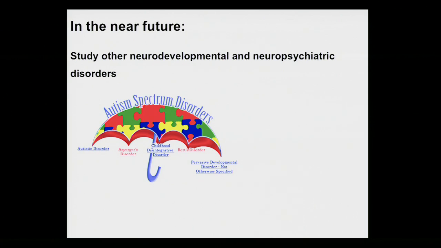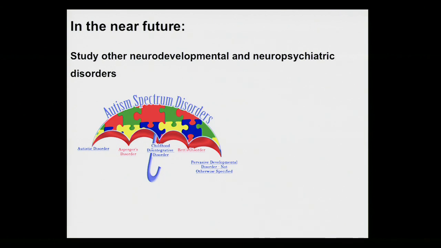So in the near future, we plan to study other neurodevelopmental and other neuropsychiatric diseases in the lab, especially the ones that traditional therapeutic approaches are not available or are not well developed. And the reason why we think the therapeutic approaches are not well developed is because the diseases are not well understood.